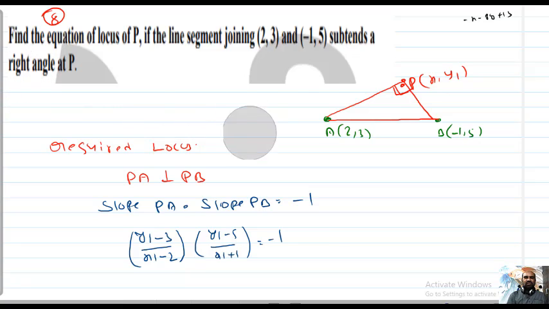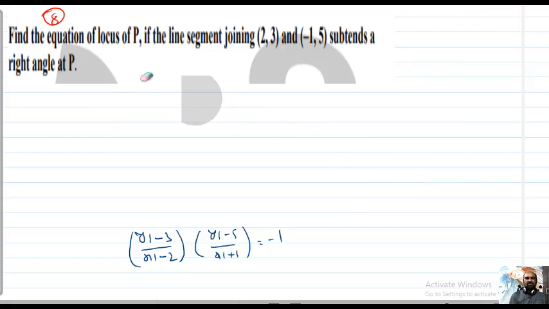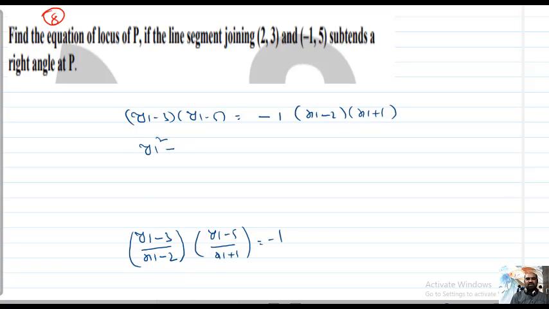So I will complete here only. (y1 minus 3) into (y1 minus 5) equal to minus 1 times (x1 minus 2) into (x1 plus 1), or y1 square minus 8y1 plus 15 plus x1 square minus x1 minus 2 equal to 0.